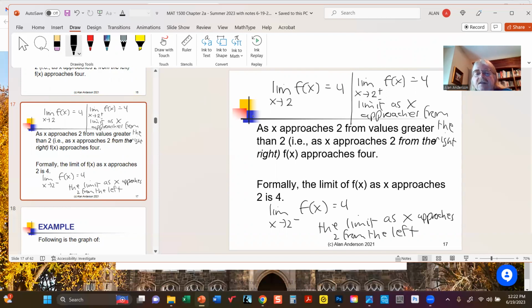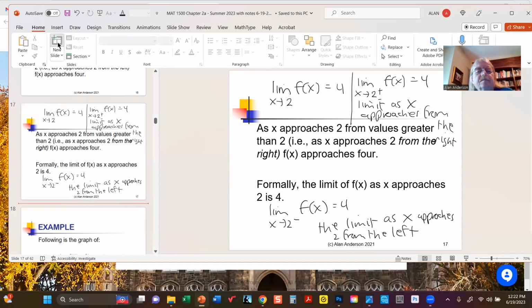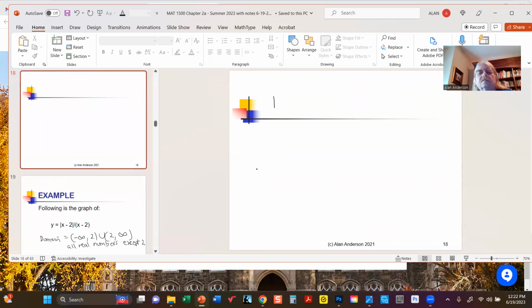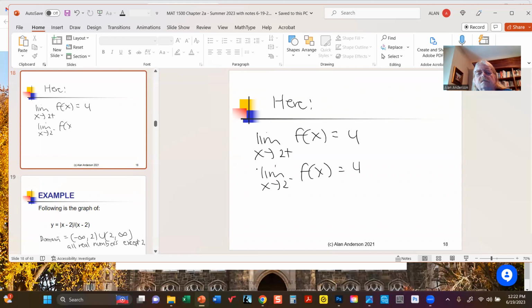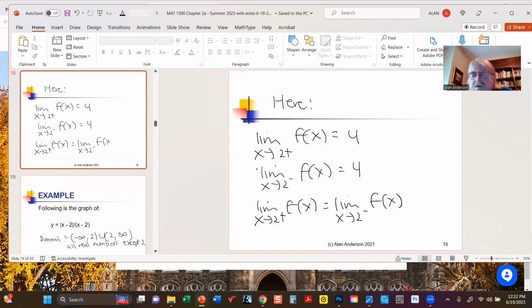Now, in this case, if you notice, they were equal to each other. That's an important detail. They equal each other.